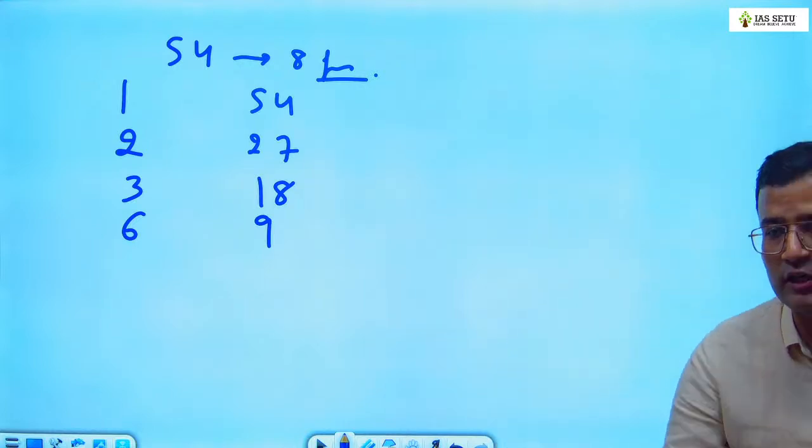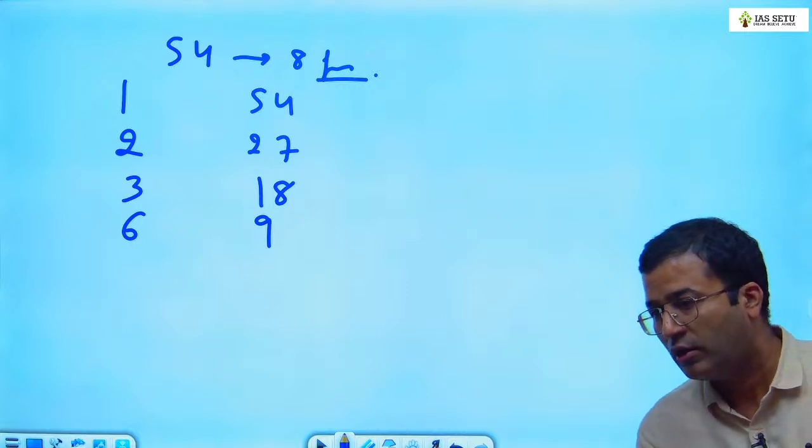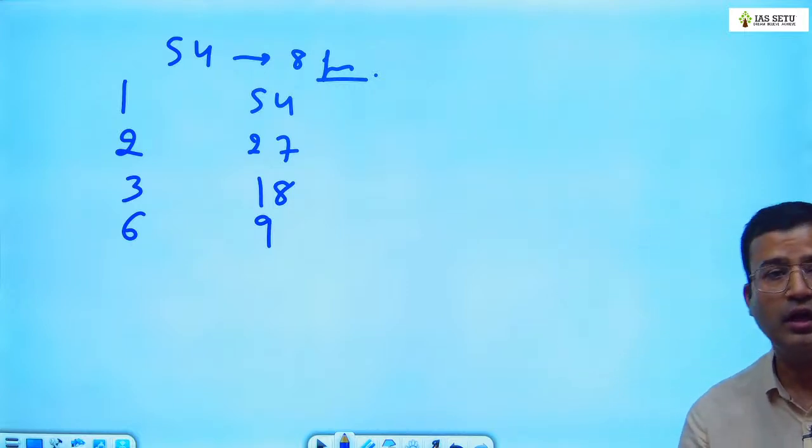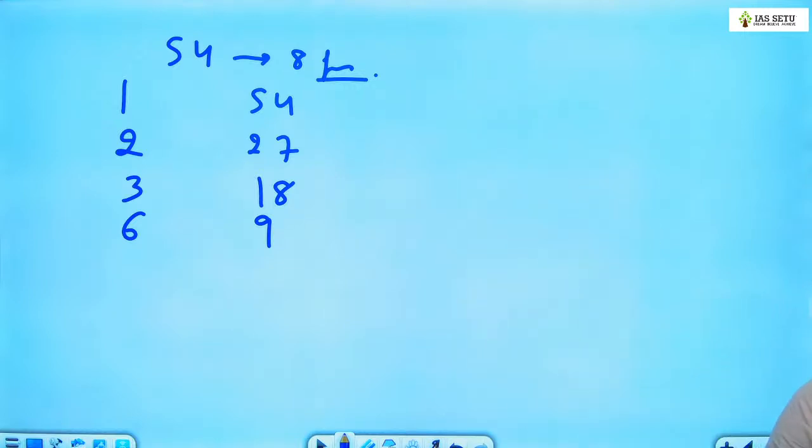I have taken 4 values in front of you. 24 has 8 factors, 48 has 10 factors, 36 has 9 factors, 54 has 8 factors.